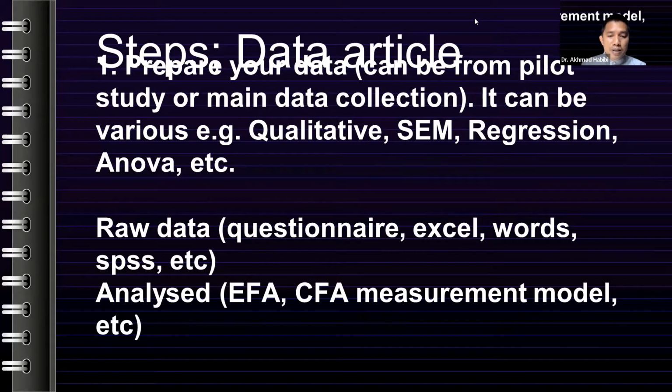And then the analysis like exploratory factor analysis, or maybe in qualitative you do thematic analysis, the coding. You can submit the data of your coding or the transcriptions to Data in Brief. And also the CFA measurement model or any data that you have analyzed.